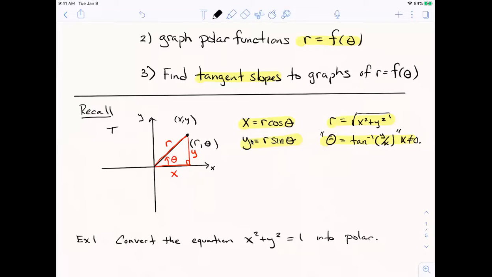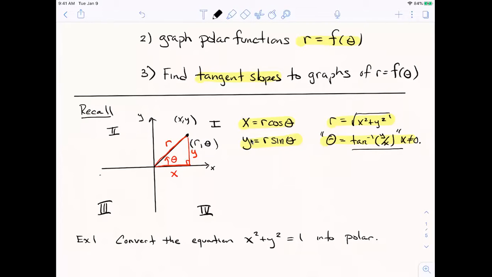If you're using a quadrant 2 or quadrant 3 angle, your calculator is not going to give you what you want when you use the inverse tangent function. The inverse tangent function will always return a first or fourth quadrant angle. So if you have a second or third quadrant angle, you need to manually adjust your calculator's answer by adding pi. So that's what the quotation marks mean.